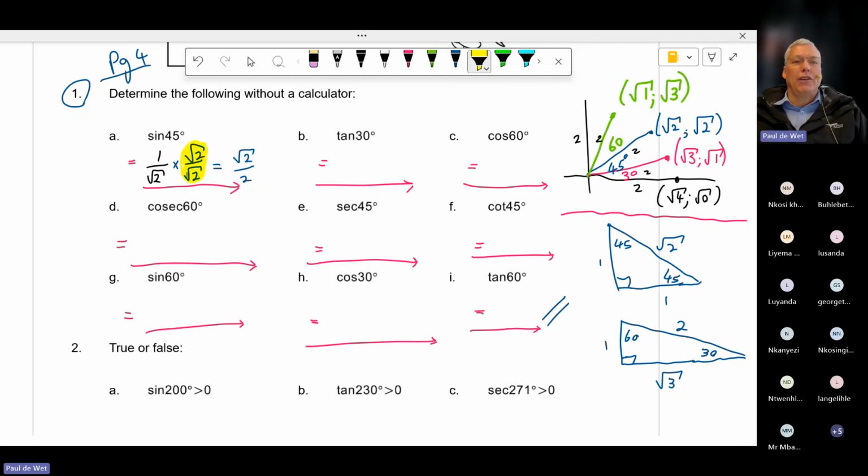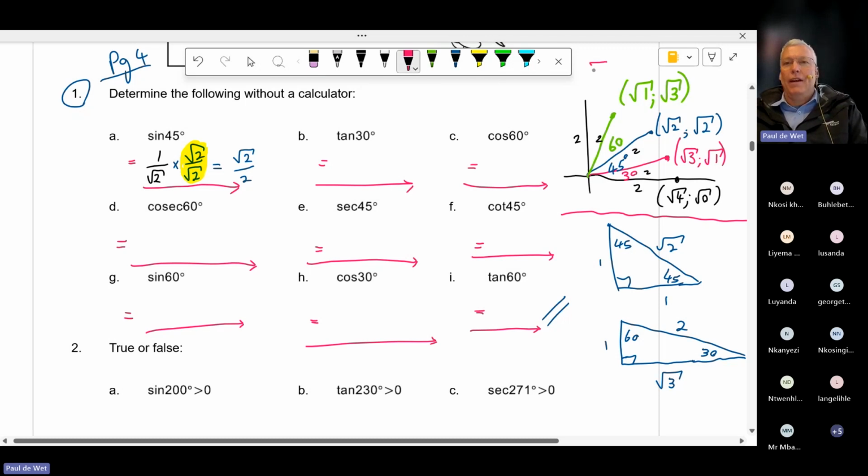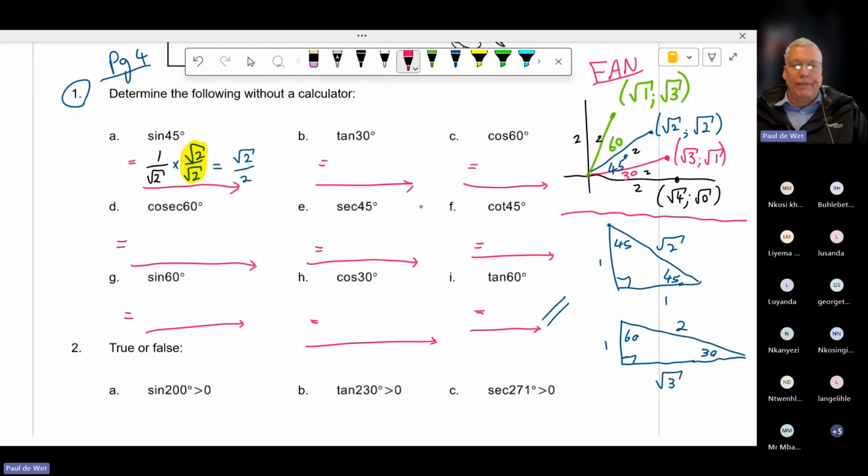When I multiply on the top, I just get a root 2. On the bottom, I get root 2 times root 2, which is 2. For this, we can use either answer. But the reason I am a fan of the fan is because it gives you the answer straight with the rational denominator.